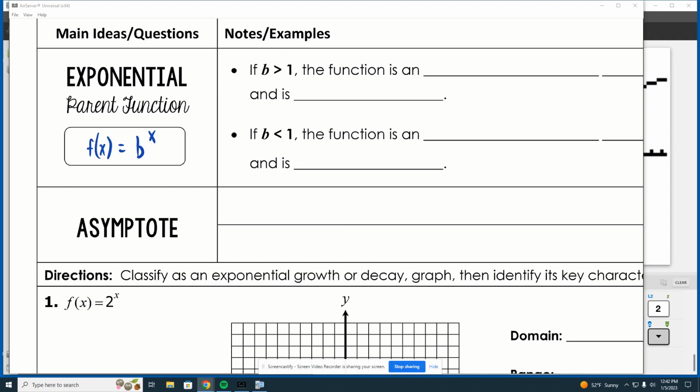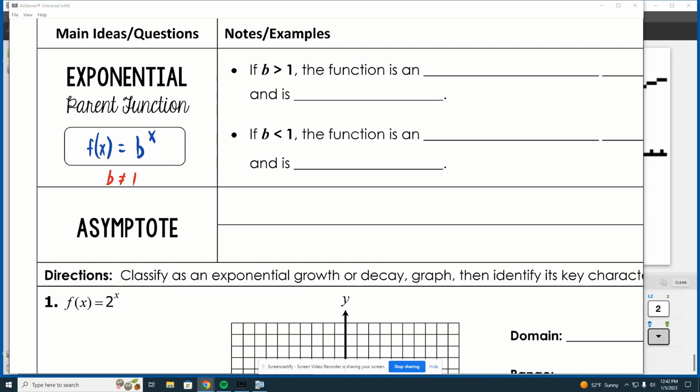Now, there's one rule of thumb, and that is b cannot equal 1. This should make sense, because what's 1 to the 8th power? 1. What's 1 to the 873rd power? Still 1.